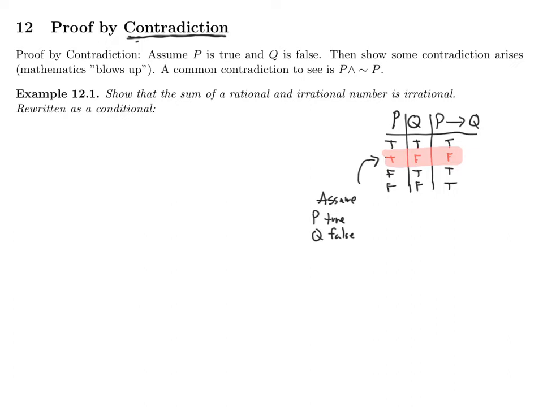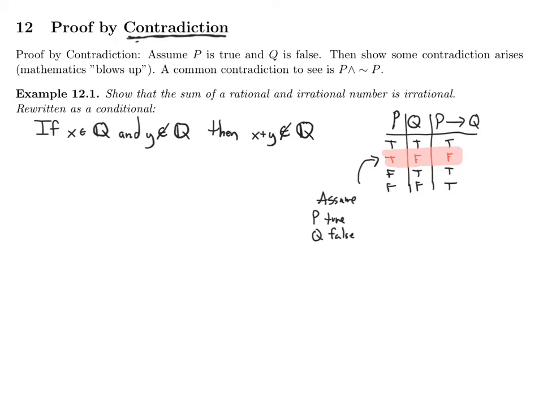Okay, now that you're back, the way I would write this is, if you have the first number, let's call it x, if x is rational, and your second number, y, if that's irrational, so it's not able to be written as a fraction, so an integer over another non-zero integer, then their sum, x plus y, isn't rational, it's irrational.